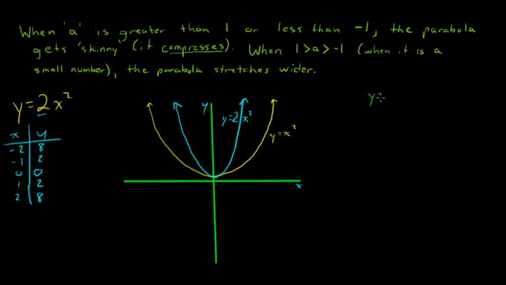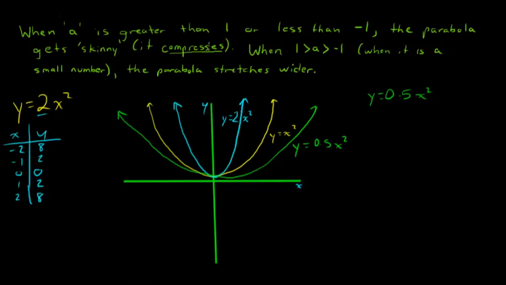Of course. So if I go y equals 0.5x squared, you're going to get something like this. So when a is greater than 1, the parabola gets narrower, it gets skinny, it compresses. When a is a small number, like less than 1, closer to 0, it gets wider.